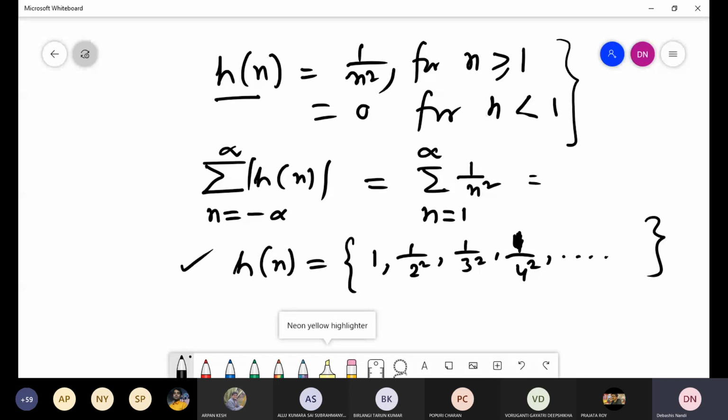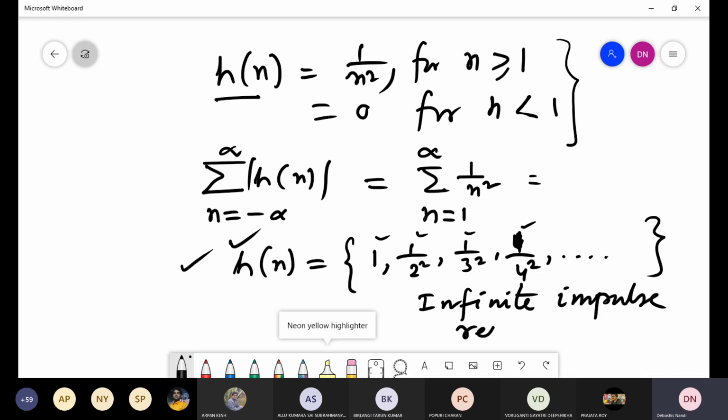Since the impulse response of this particular system contains an infinite number of elements, the system is called an infinite impulse response system, in abbreviated form an IIR system.